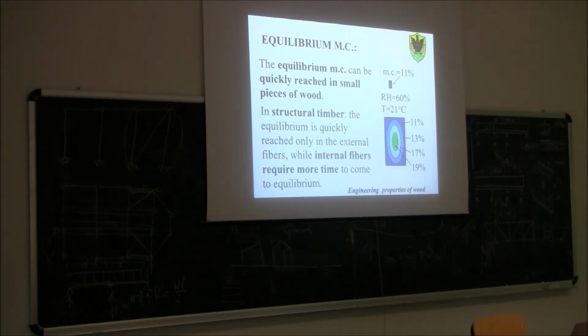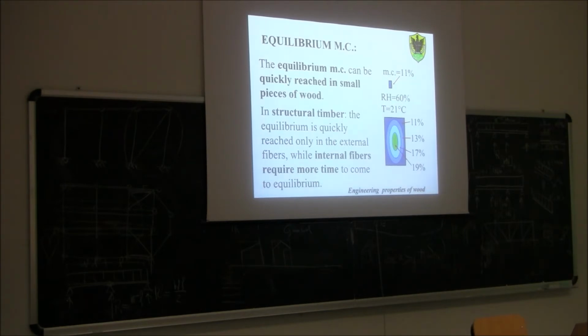In a swimming pool, in general, you have quite high relative humidity, so we are interested in the moisture content that we can expect for this certain kind of environmental condition. Why are we interested in the final value of the moisture content? Because, as I said before, below the fiber saturation point, as the moisture content varies, we have a variation in size. So we have what we call shrinkage.